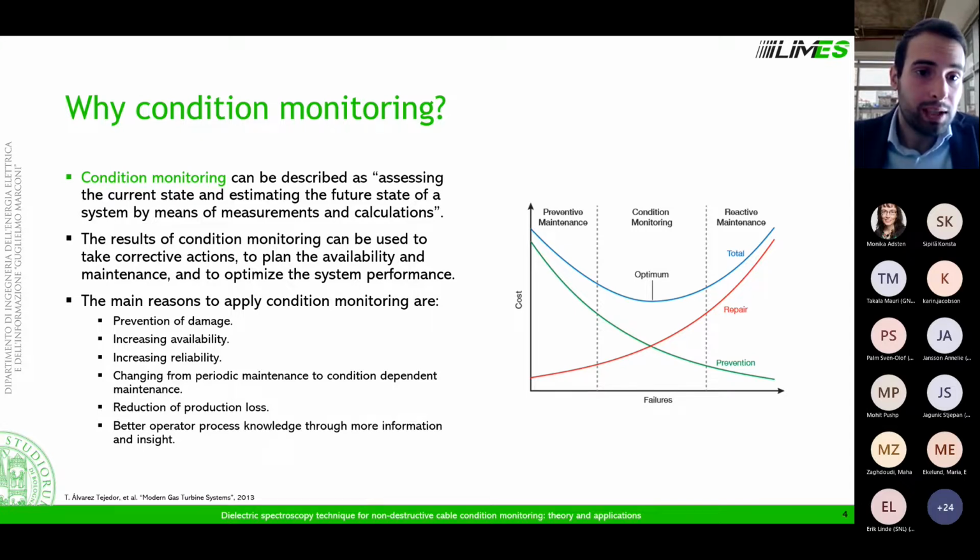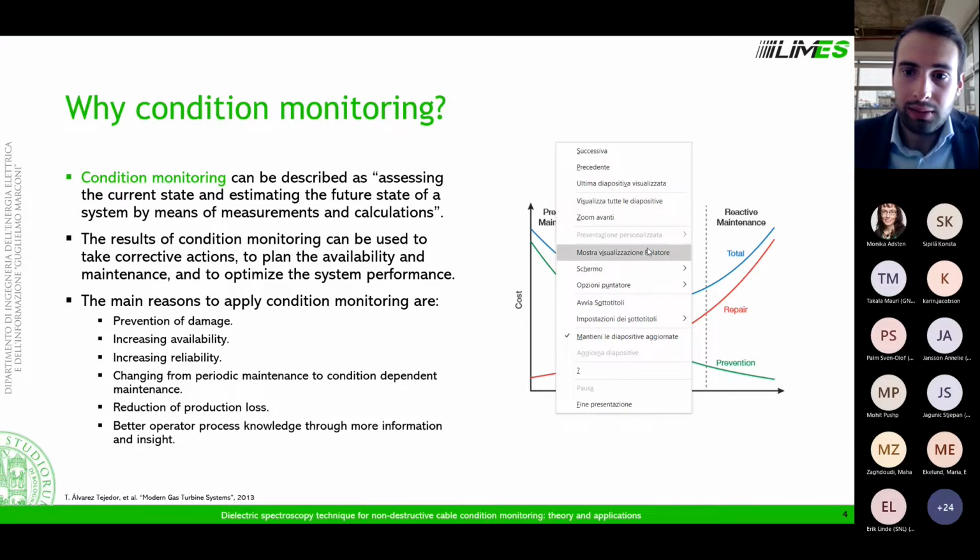It is very important because it can lead to corrective actions and maintenance that can be related not only to the time passed, but to particular events that can happen to the cable system, for example.